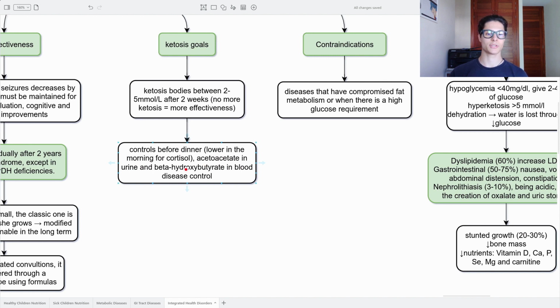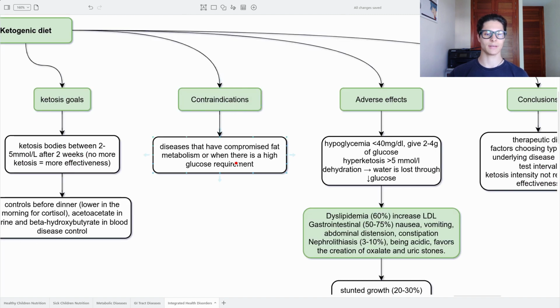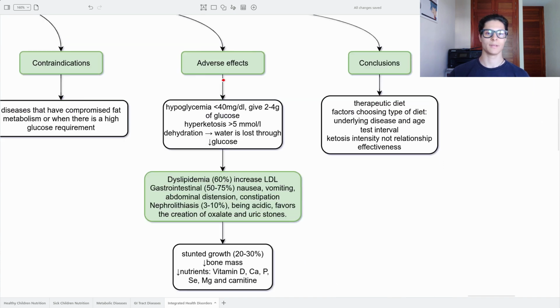These two are measured for the disease control, indeed. The contraindications of the ketogenic diet are for diseases that have compromised fat metabolism or when there is a high glucose requirement. The adverse effects of keto diets are hypoglycemia, which we can correct giving 2 to 4 grams of glucose, hyperketosis, when we get over 5 millimoles per liter, and also dehydration.